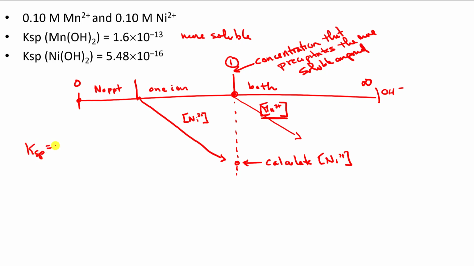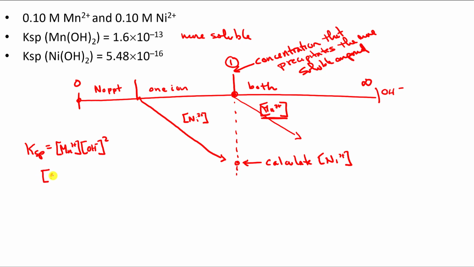KSP is the concentration of Mn2+ times OH- squared. I'm interested in the OH concentration where the precipitation starts.